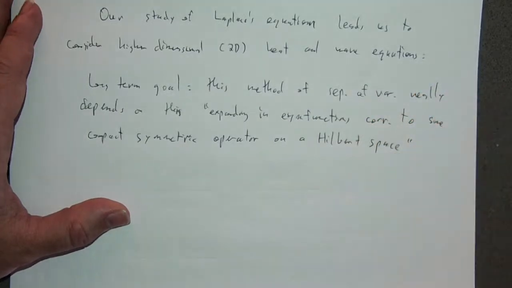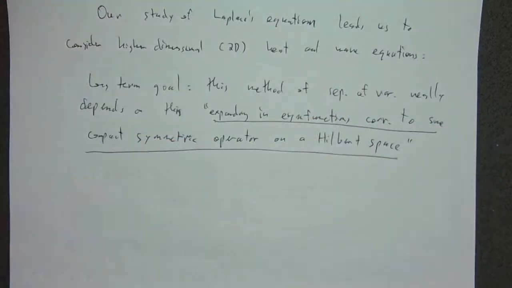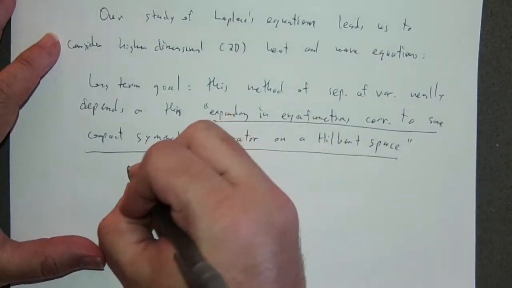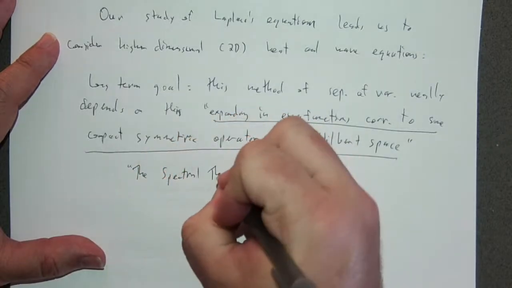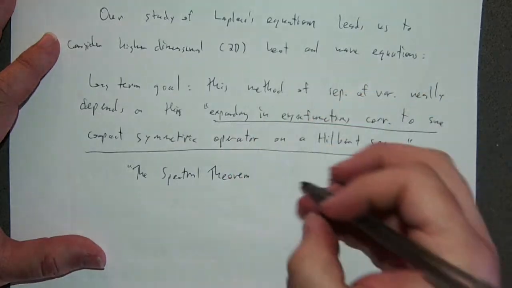Okay, you don't have to worry about what a Hilbert space is, but that's ultimately what's going on here. So expanding in eigenfunctions corresponding to some compact symmetric operator on a Hilbert space is taken care of by what's called the spectral theorem for a compact symmetric operator on a Hilbert space.